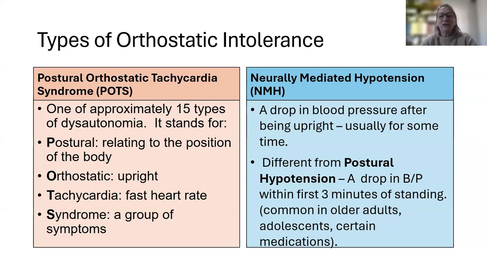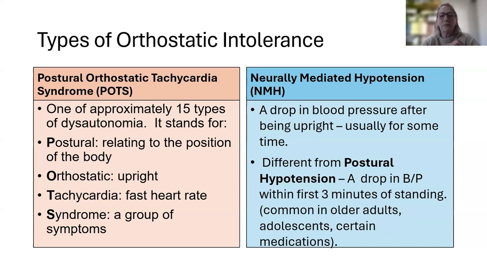Neurally mediated hypotension is a drop in blood pressure after being upright, but it's different from postural hypotension, which is very common and which typically happens within a few moments of standing up, often when people stand up very quickly, as the body regulates itself, and then the hypotension will disappear.